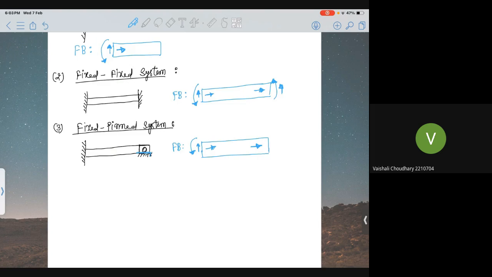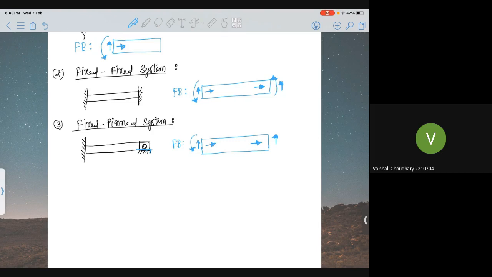Similarly, it won't allow motion in y direction. But this is a pin, so it can easily rotate. So this is how we can draw the free body diagram in the fixed-pinned system.